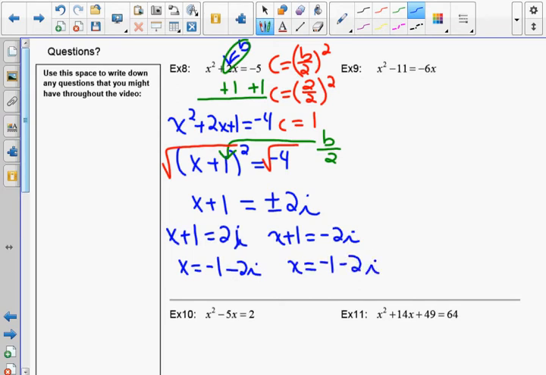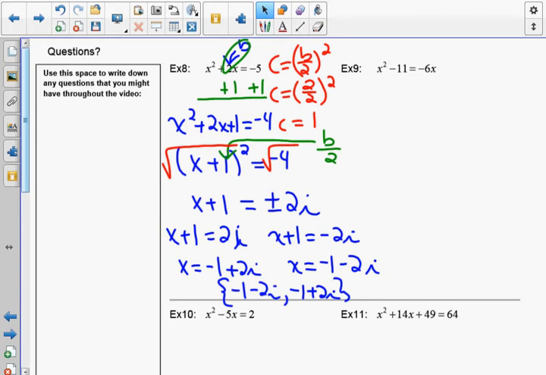Whoops, something went wrong. Oh, that one should be a plus. We're set now. And again, if you like the squiggly brackets, as I do, we're going to write the final answer in set notation. So we have negative 1 minus 2i and negative 1 plus 2i as our two solutions. All right, so let's move on to example 9.